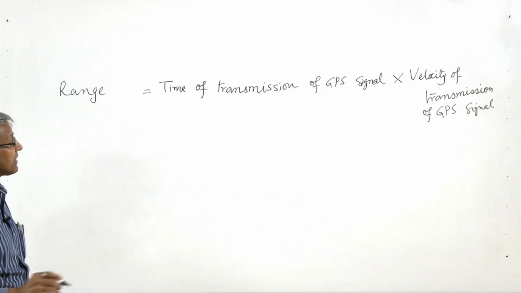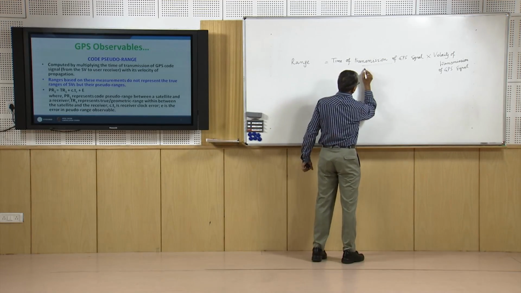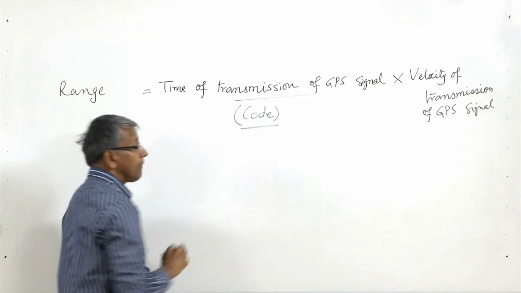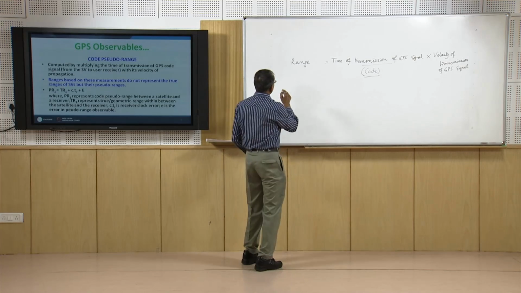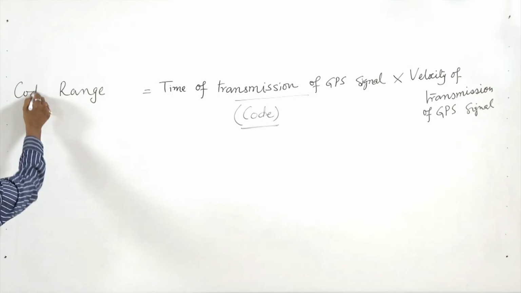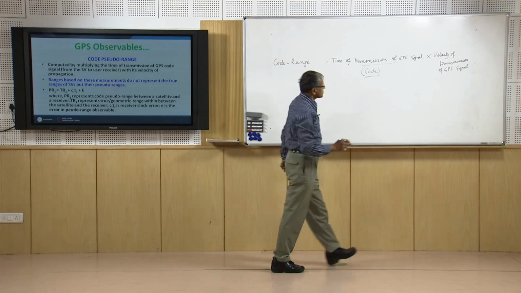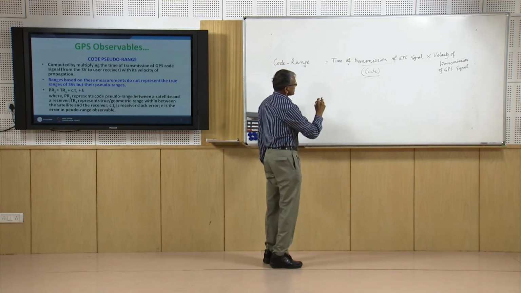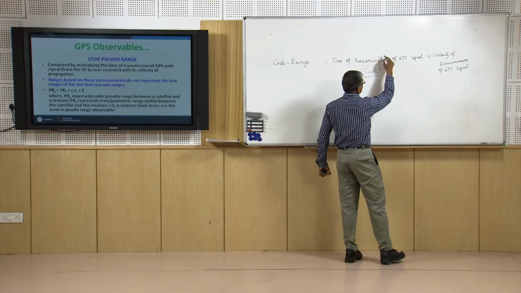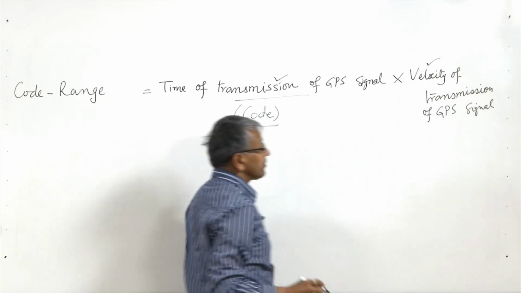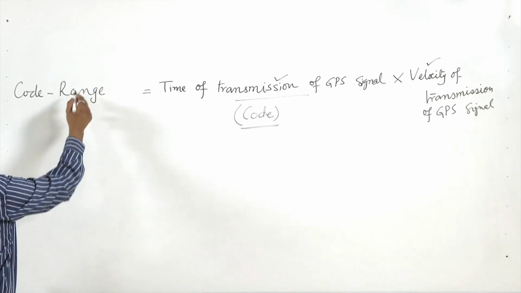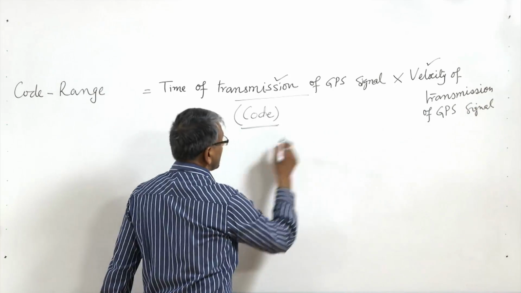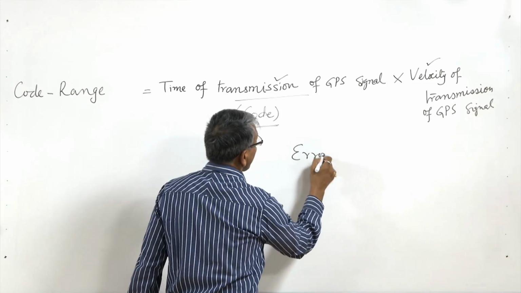Now when the time of transmission of the GPS signal is measured from the code part of the GPS signal, then it is the code range. You can see that there are two parameters involved in range computation, and the measurement of these parameters involves some errors.